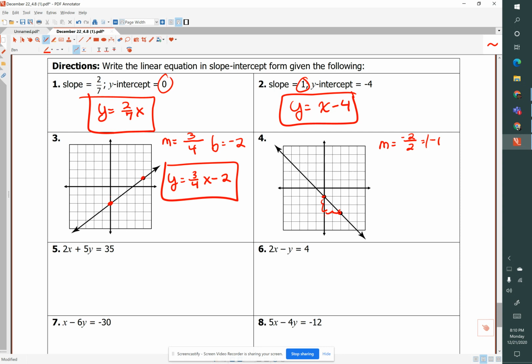So our m equals -1. And our y-intercept is -1. So our slope-intercept equation is y equals, and we have, again, an invisible 1 in front of x. So it would be just -x minus 1.